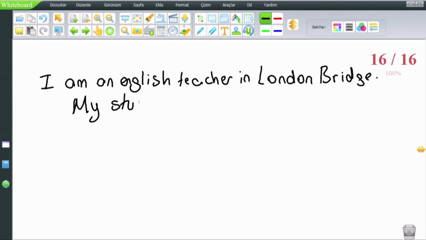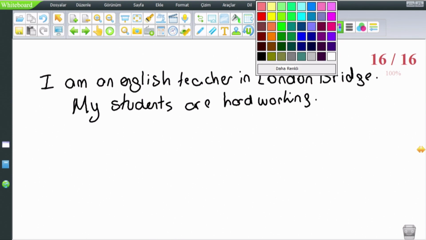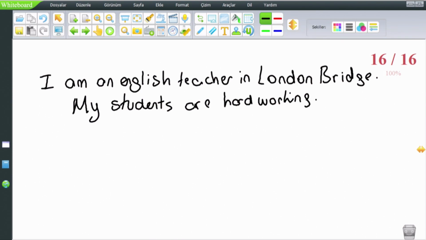My students are hardworking. Okay, let's have a look at here. In the second sentence, again, I have a possessive adjective, and in the first sentence, I have a subject.